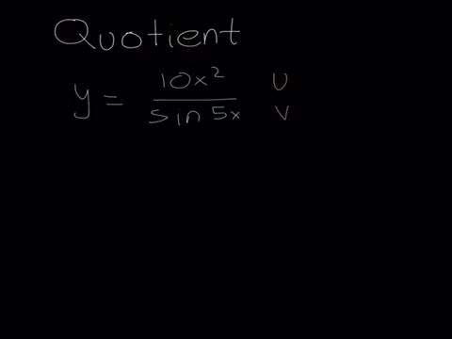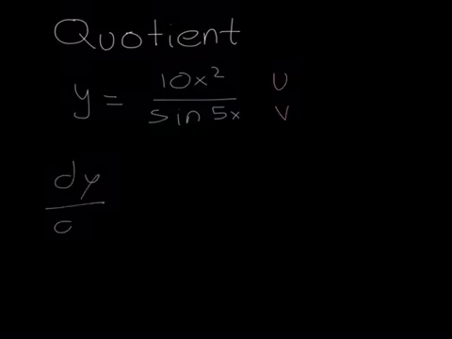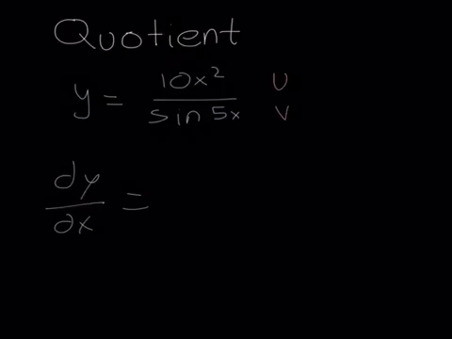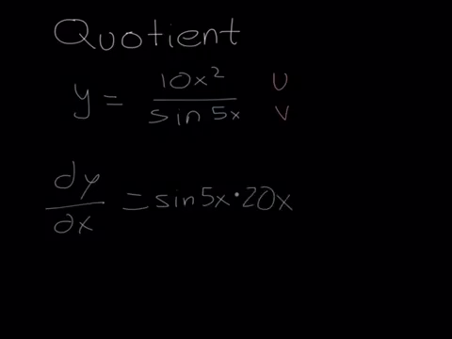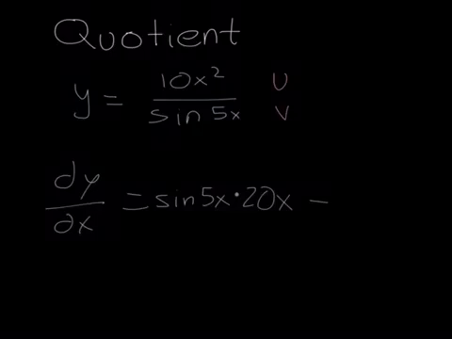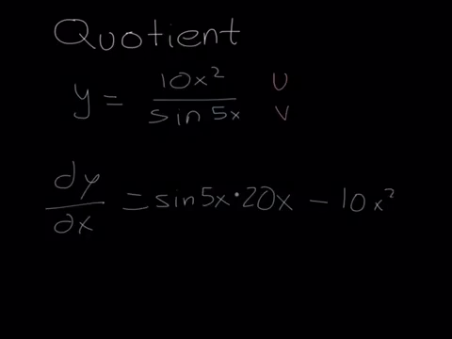Now we move on to the derivative, so we put first dy over dx is equal to v first, so it would be sine 5x times the derivative of u, so it would be 20x, minus, as it is dividing, u, 10x squared, times the derivative of v, which in this case would be 5 cos 5x.